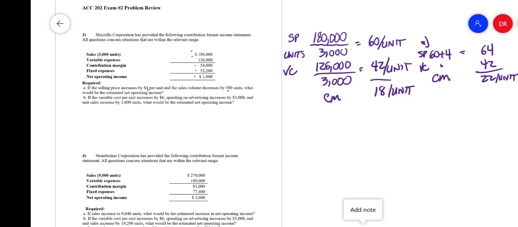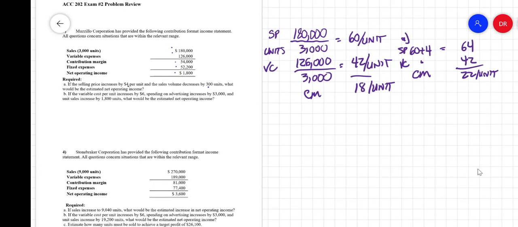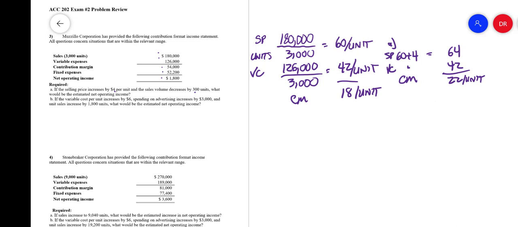Okay, so now in order to calculate the impact on their income, we could do it two ways. You could actually go back and multiply this by the new volume, which is 2,700. You could do the same here and take the difference, but actually you could just do $22 a unit for the contribution margin times 2,700, and you get the new contribution margin that they're going to have, which in A will be 59,400.